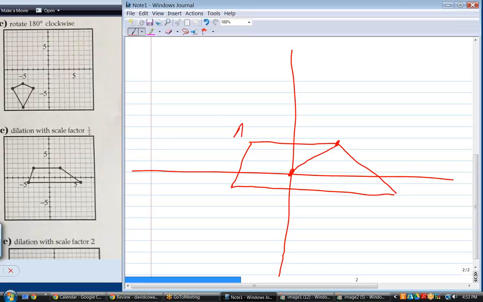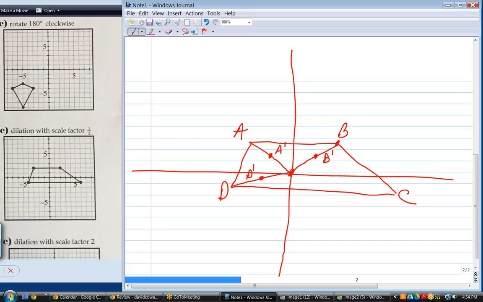In other words, if this is A, B, C, D, then the new B is that point right there, B prime. The new A is halfway, that point A prime. The new D is right there, D prime.